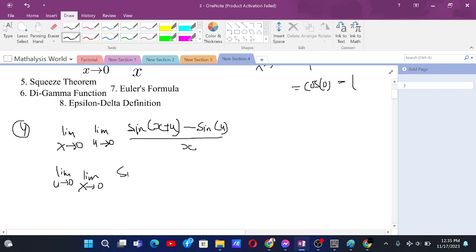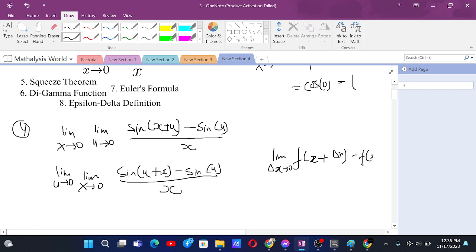We have sine of u plus x minus sine of u by x. You can compare this with the definition of the derivative: limit delta x tends to 0, f of x plus delta x minus f of x by delta x. Here our x is acting as delta u.